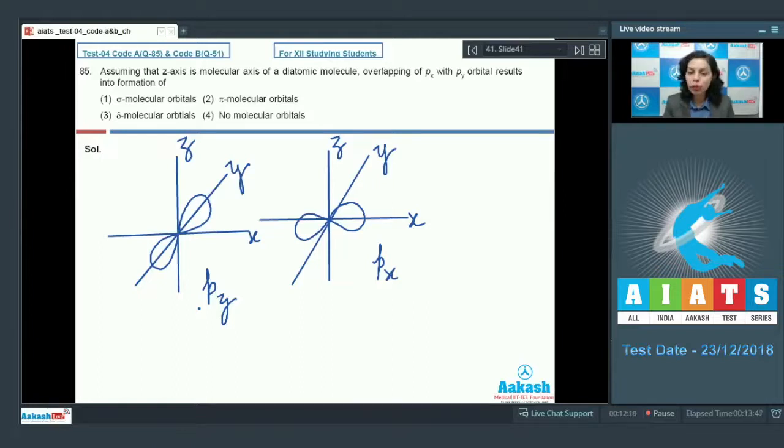That is why there would not be overlapping. And if it is so, there is no formation of any type of molecular orbital. On that basis, option 4 is the correct one, that says no molecular orbital would be formed here. So this is the answer for this question, and that's why I'm choosing it. Further, let's take the next question.